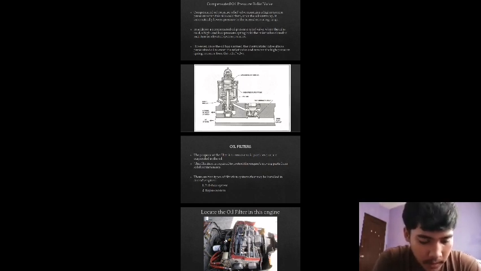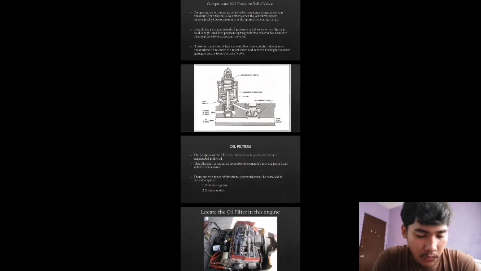Federal requirements dictate that all oil filters be constructed and installed in a way that permits full oil flow, even if the filter becomes completely clogged.